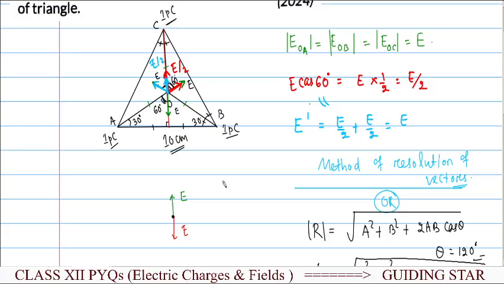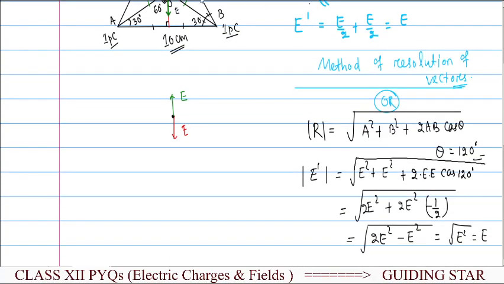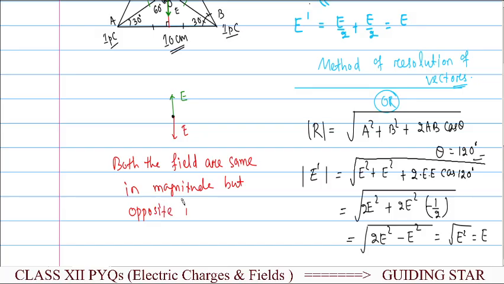Both have the same magnitude but opposite direction, so they will cancel out each other.